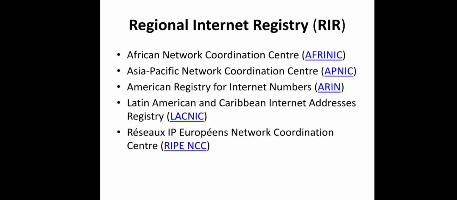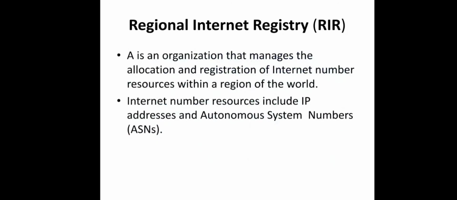You can see the full forms of these: African Network Information Centre, Asia Pacific Network Information Centre, American Registry for Internet Numbers, Latin American and Caribbean Internet Addresses Registry, and finally the RIPE NCC, the European Network Coordination Centre. So these are the 5 different registries, and there can be some hierarchy in between.